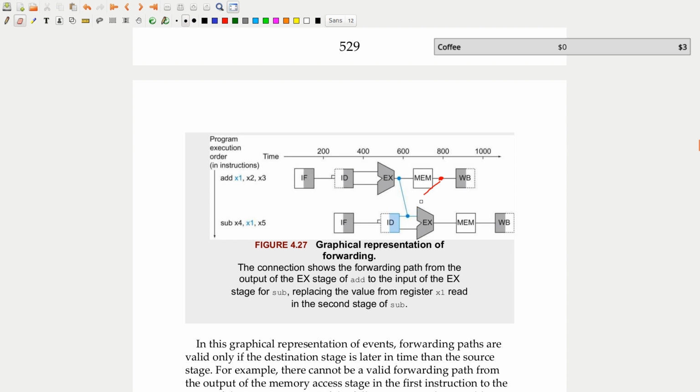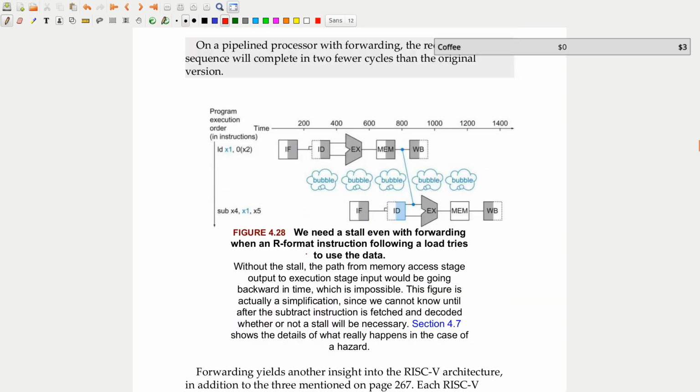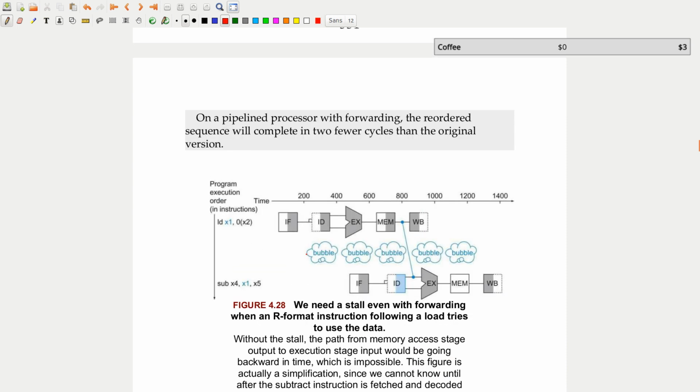We have to do something else, which is called a stall. And we'll show that here. Basically, we wait until this value is ready, and then finally we can forward it at memory. So these bubbles are just wasted cycles, wasted cycle, wasted cycle.